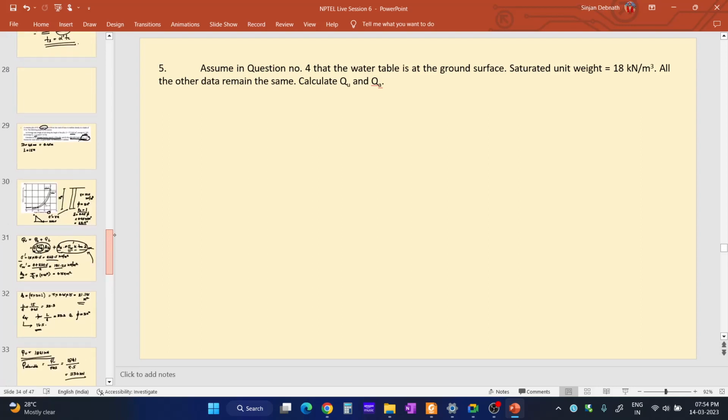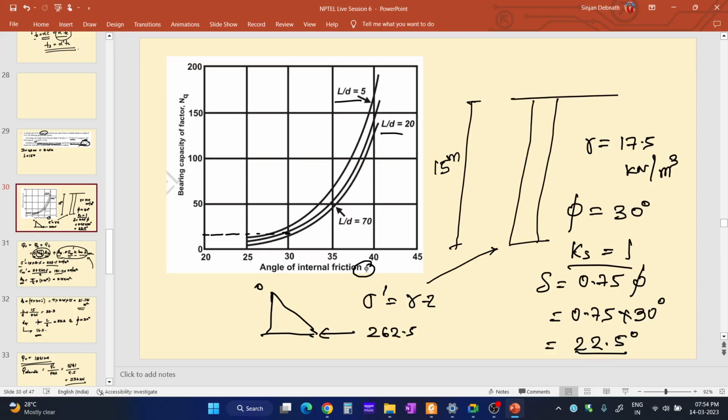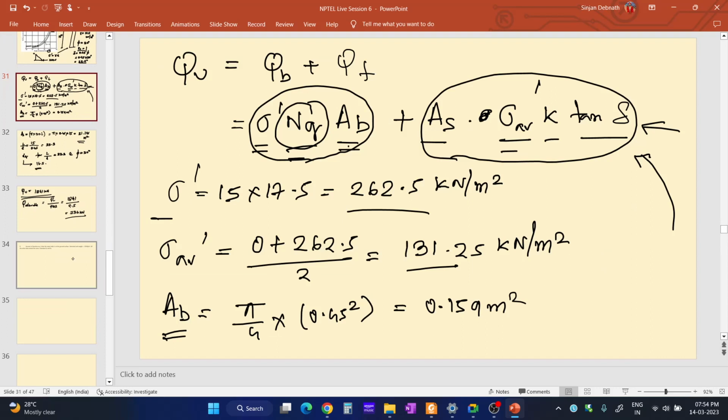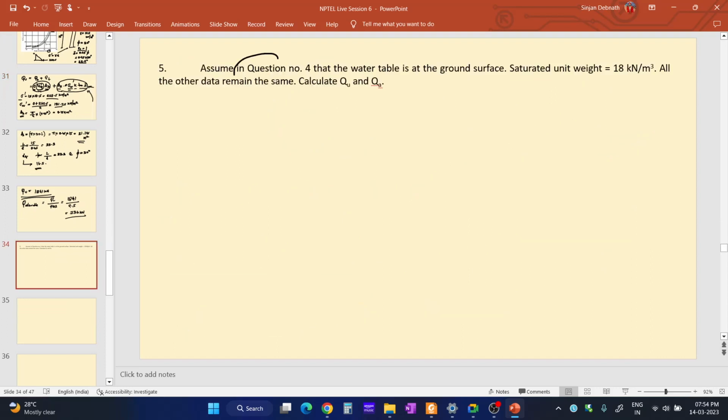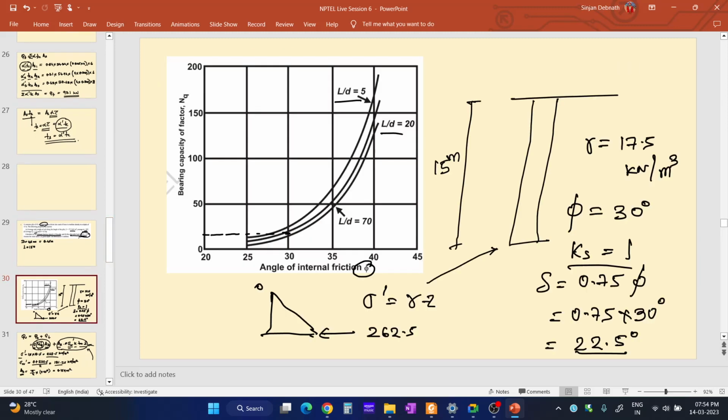So here, what is happening? We need to refer to question number 4, and in this case the water table is at the ground surface. That means this one is the diagram for question number 4.